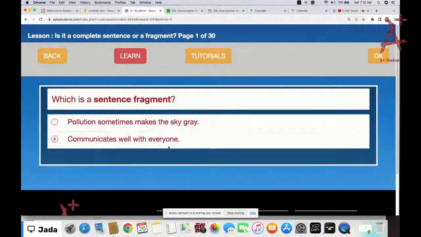Communicates well with everyone. Now, this one is a complete sentence, but this one, communicates well with everyone, is missing a subject. So it is the sentence fragment because we do not know who communicates well with everyone. Okay, so it just says communicates well with everyone. So that means it's missing something.